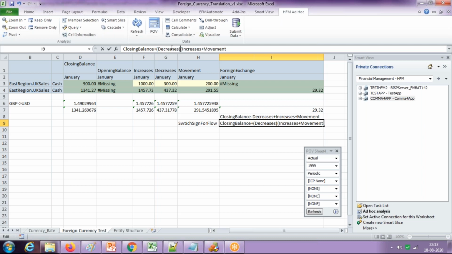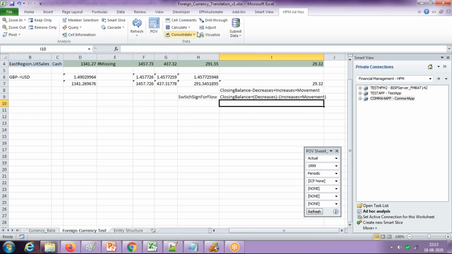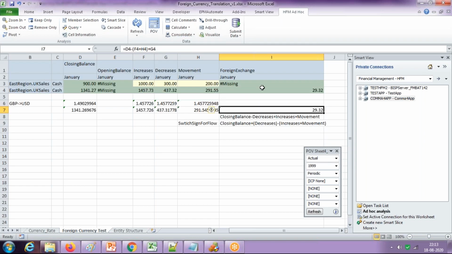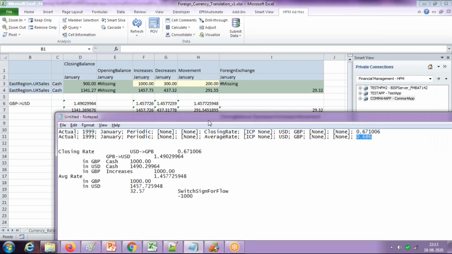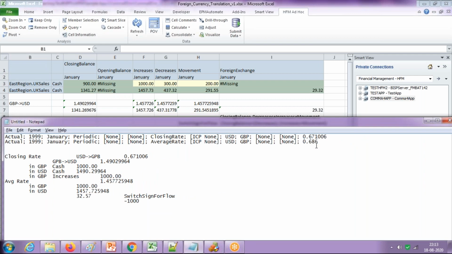This minus, this plus, this. This is the formula you get. Right, as a result of this you get 29.32. So this is your final output. This is your script. This is your currency exchange rates, right?